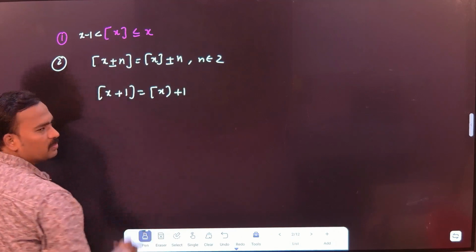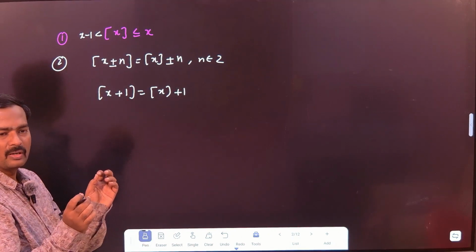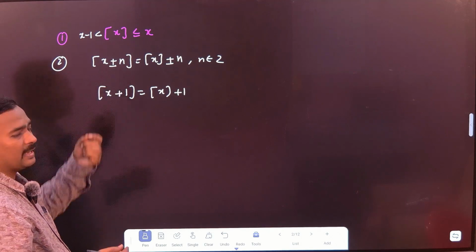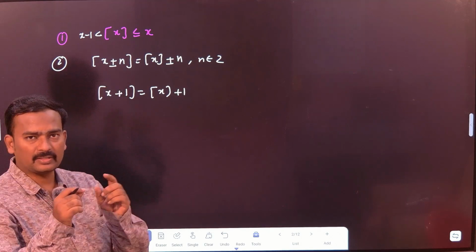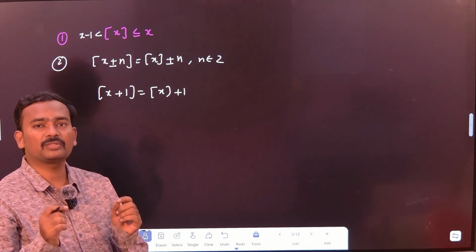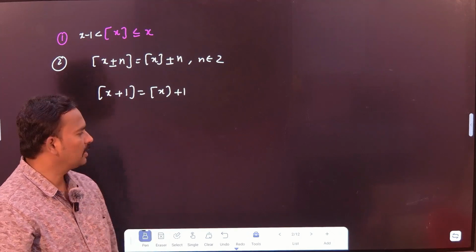Here 1 belongs to the integers, that's why you can split, but it will not be true for numbers other than integers. For example, for 1.5, the greatest integer function of x plus 1.5 will not equal the greatest integer function of x plus 1.5. That's not true. This is only for integers, right?